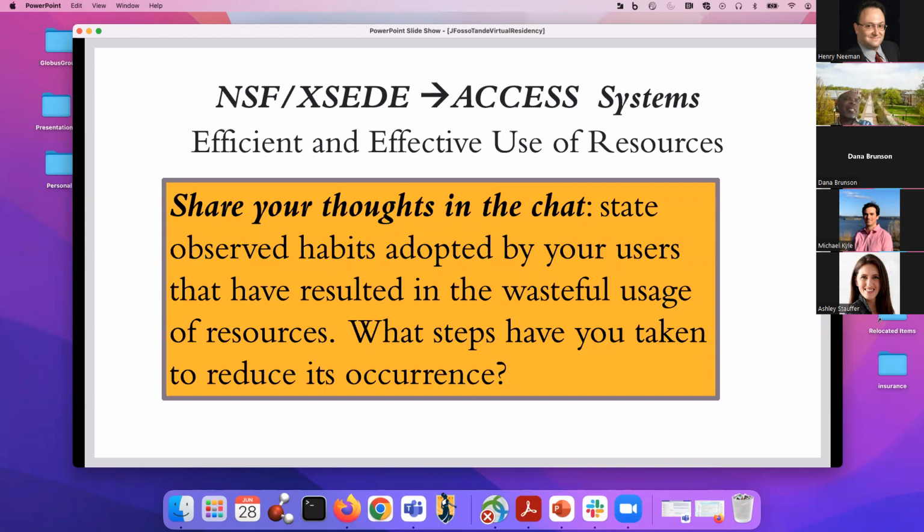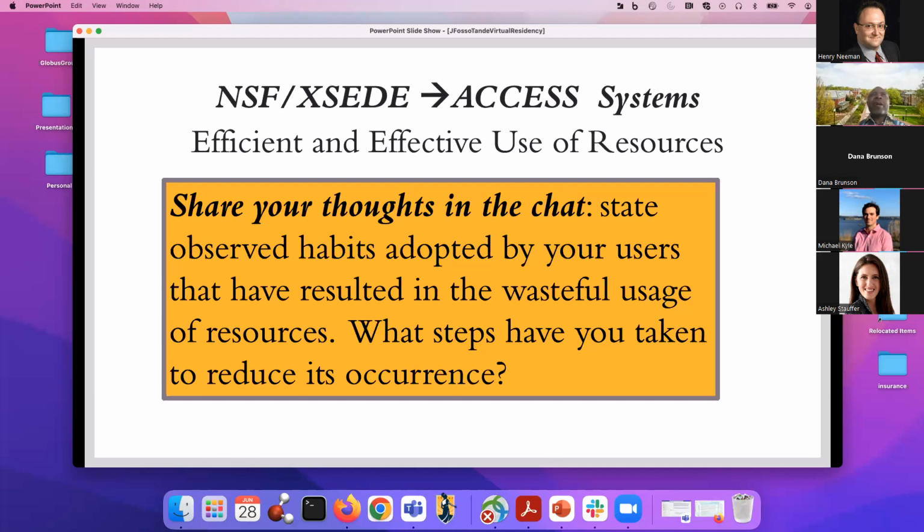There are still things that they do. We can't keep reminding them of what they need to do. Just because you have access to HPC doesn't mean you're going to use all the resources. If it is high performance, you have to be able to use it efficiently, effectively, and reliably.